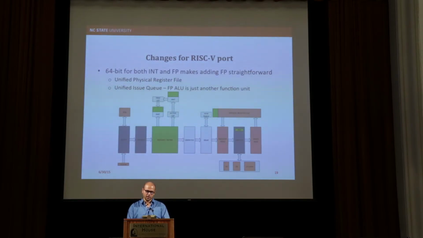Floating point. The FabScalar did not have a floating point unit, although the MIPS version did. So, of course, we want floating point, and since RISC-V had both 64-bit registers for floating point and integer register files, we decided to go with a unified physical register file approach.